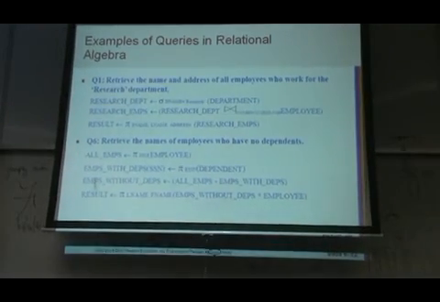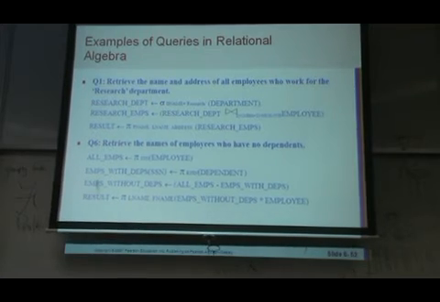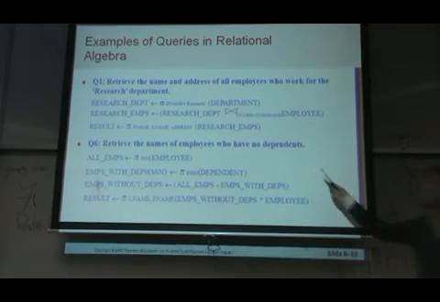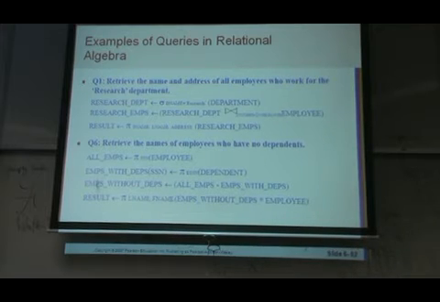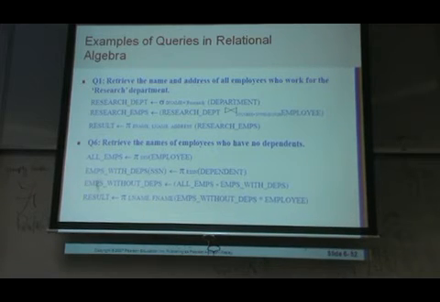Retrieve the name of employees who have no dependent. First, you need to understand the meaning of the query. What does that mean? Retrieve the name of employee who have no dependent. Suppose that we are the employee.